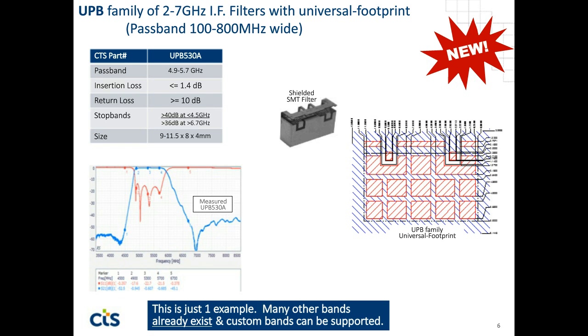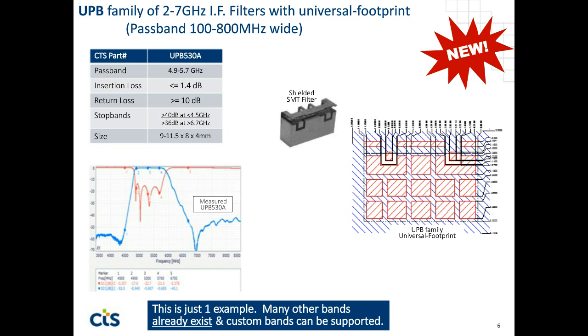The one thing that's important to recognize, though, is that if you're aiming to support, for instance, an 800 meg or a 1 gig wide passband, it's critical that you choose an IF center frequency that's high enough so that you don't have an unreasonable ratio of passband bandwidth to center frequency.